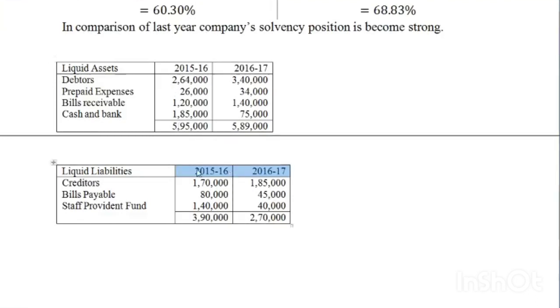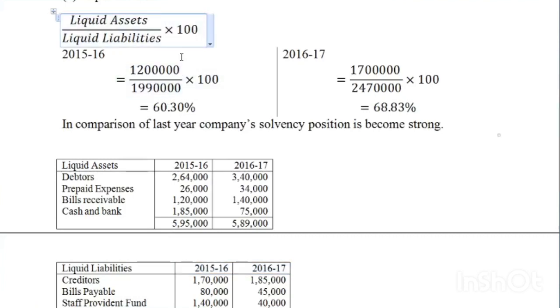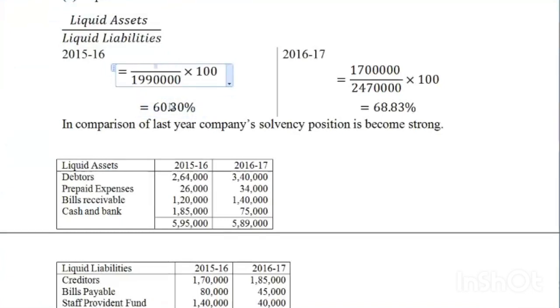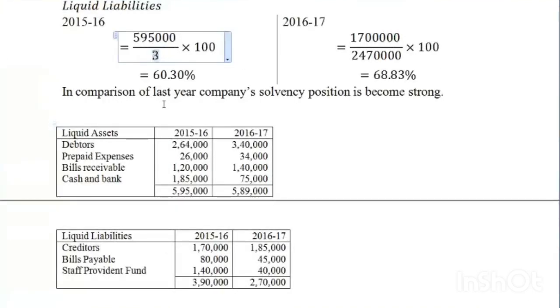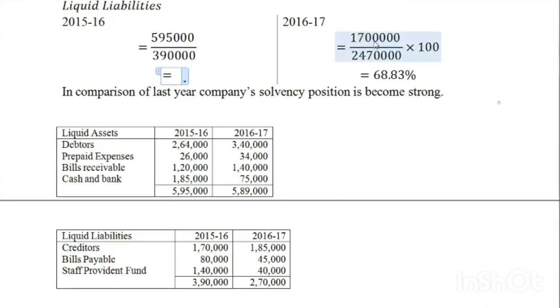So 595 upon 390. Okay, say the answer. 1.53. 1.53 is to 1. આ રીતે લખાય.